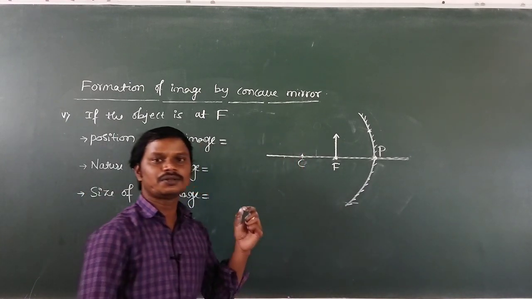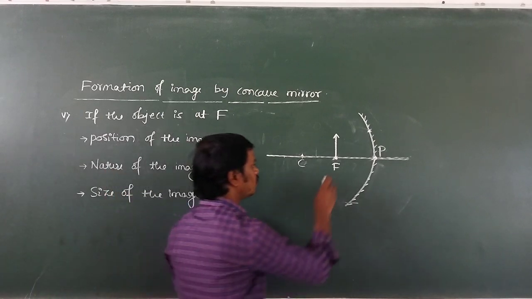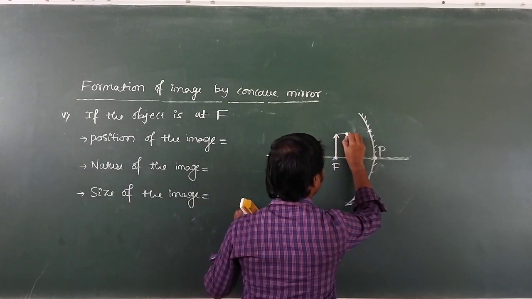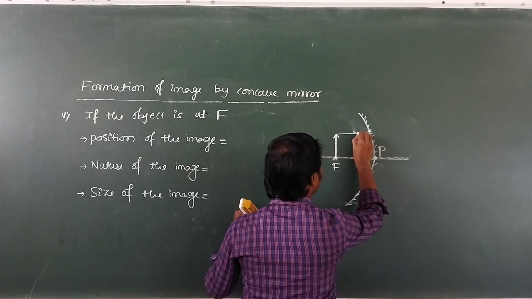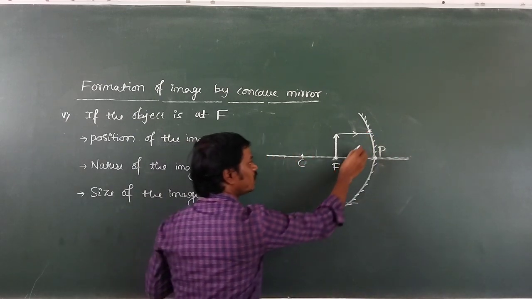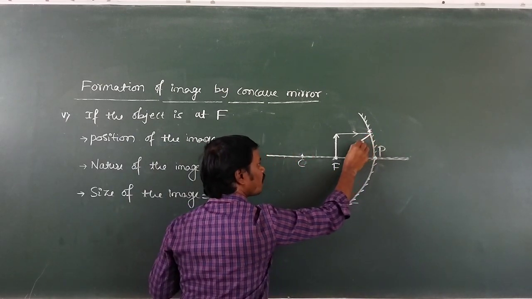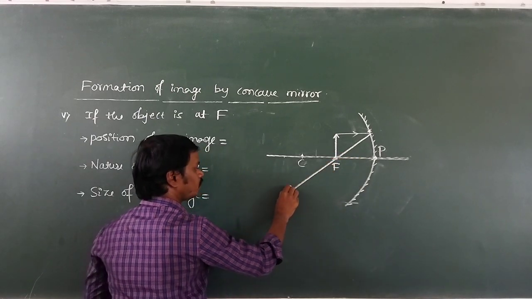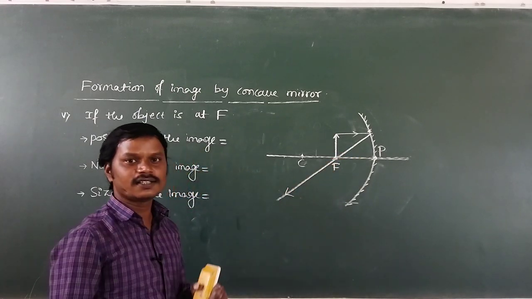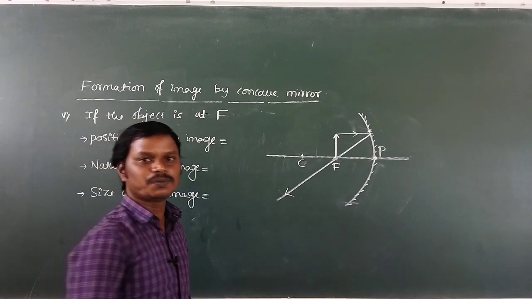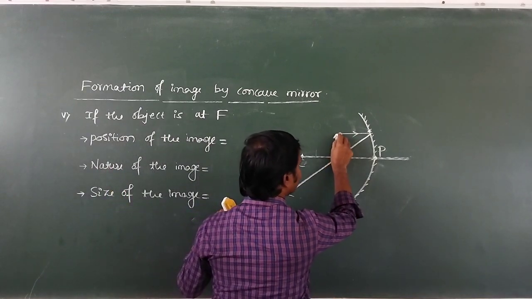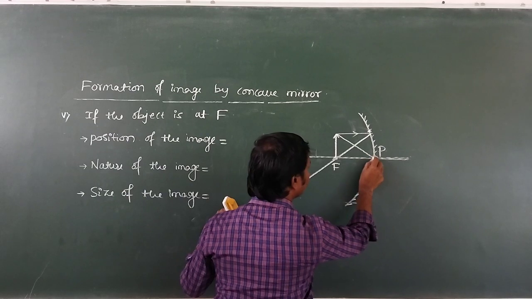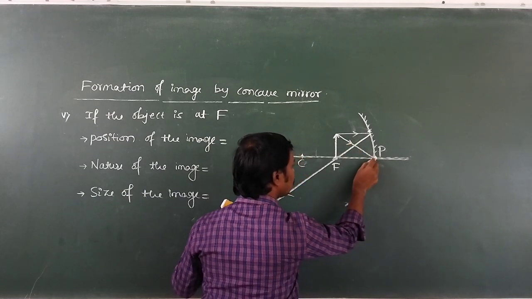We have to consider two rays coming from the object. The first ray coming from the object is parallel to the principal axis. After reflection, the reflected ray passes through the focus. Then the second incident ray, which is incident at the pole, is incident obliquely and it reflects obliquely.